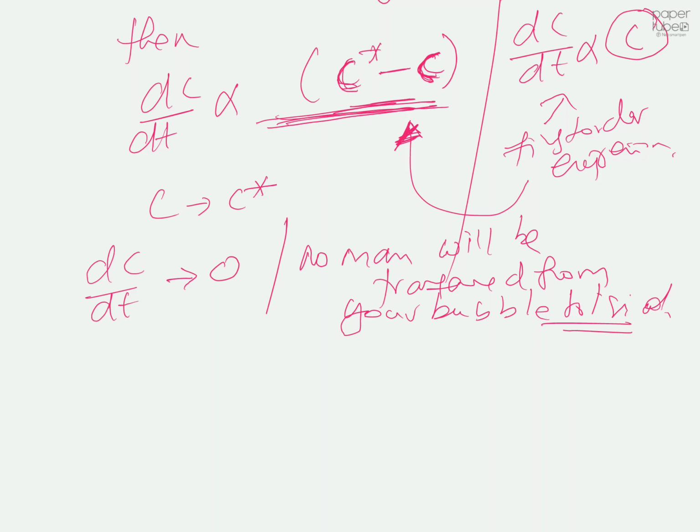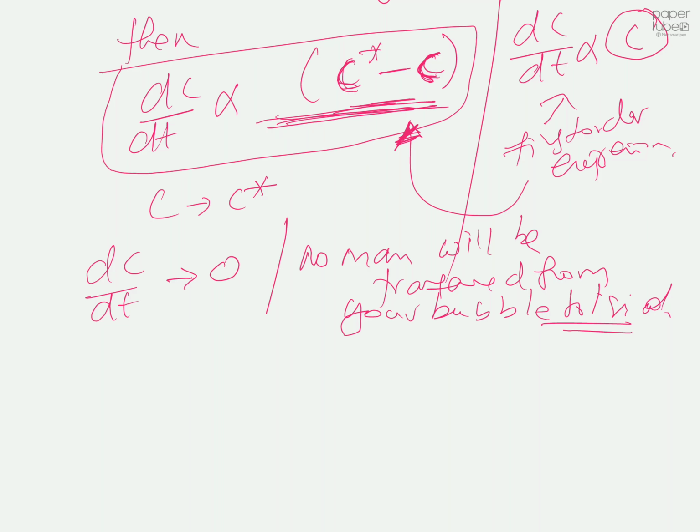And why does that happen? Because there is a concentration gradient. If there is no concentration gradient, there will be no transfer of mass of your oxygen from the gas bubble to the liquid zone. That's the basic thing you have to remember.